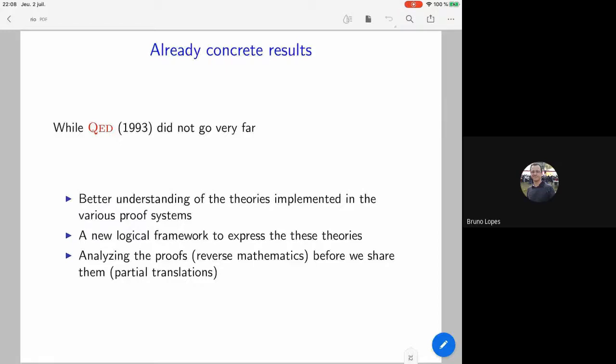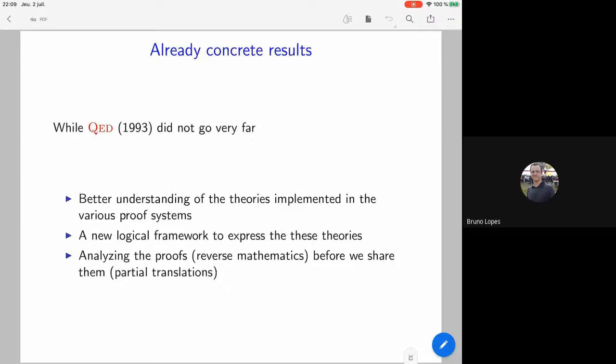But there are three main differences between the situation we have now and the situation we had at that time. First, we understand much better the theories that are implemented in the various proof systems, and we understand their relations much better. Then we have new logical frameworks to express these theories. In 1993, we didn't have tools to describe these theories, or very few. And now we have understood that we should not try to translate all proofs from one system to another.